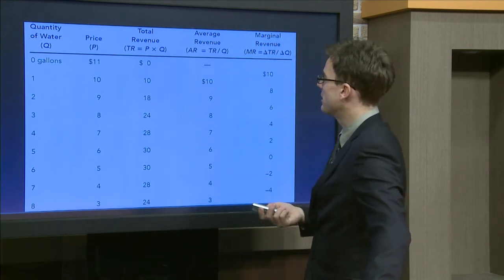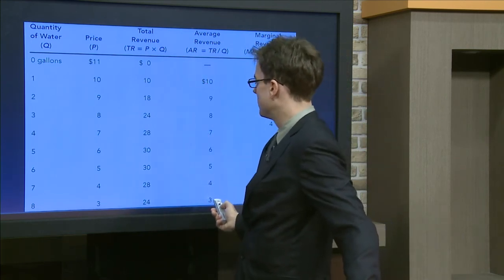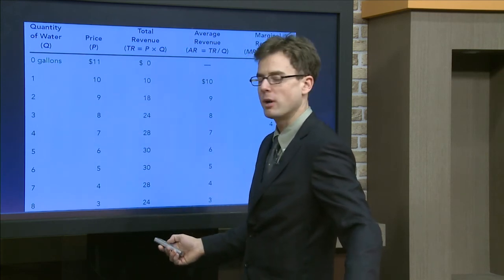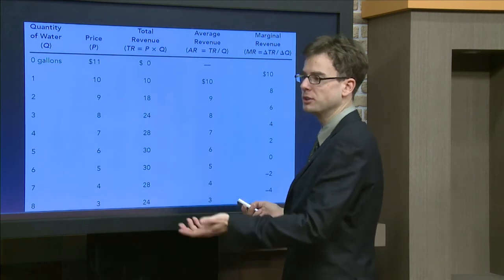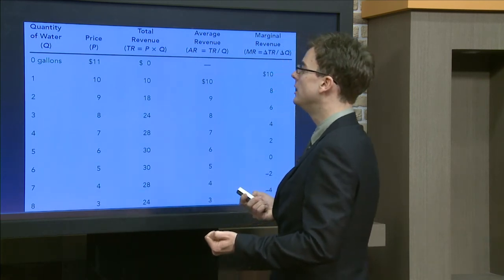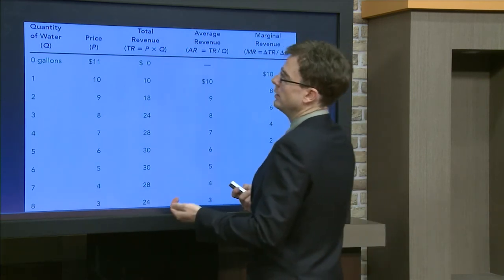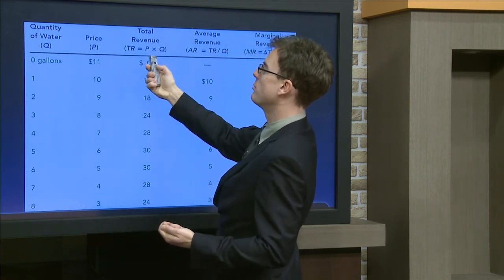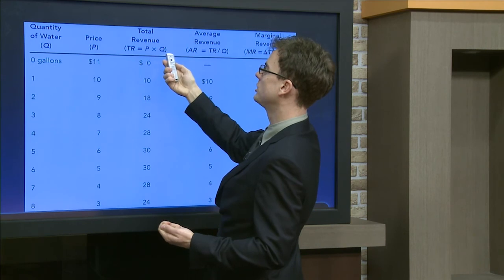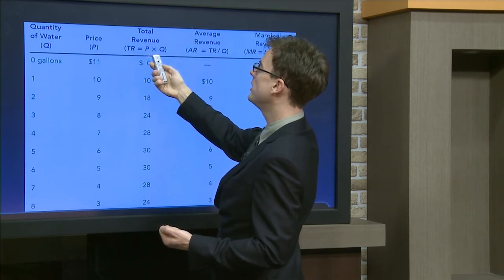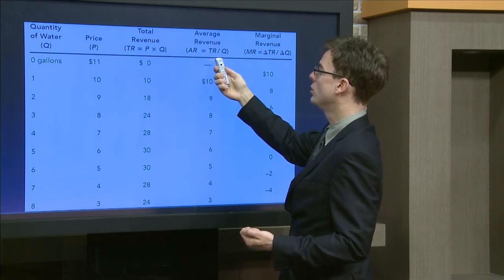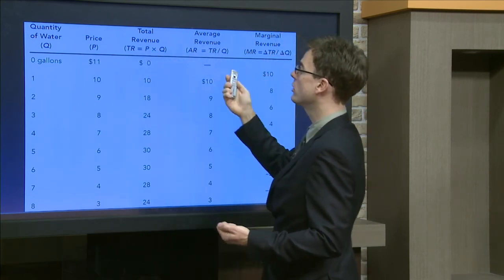We can see that average revenue is the same as price for a monopolist, right? We're assuming that all consumers are charged the same price, and so to obtain total revenue, we simply multiplied quantity supplied times price, and to obtain average revenue, we divide total revenue by quantity.